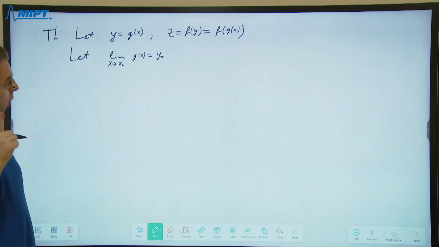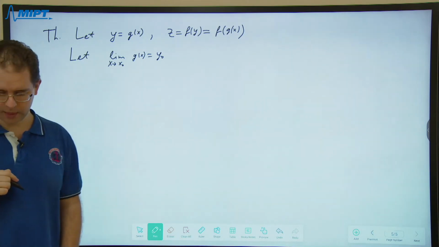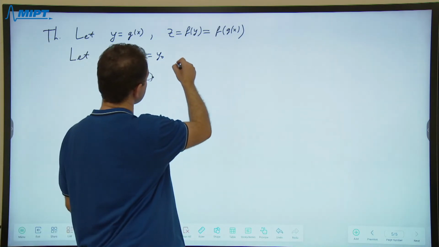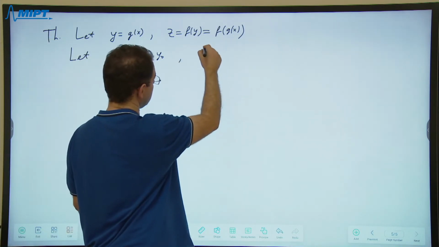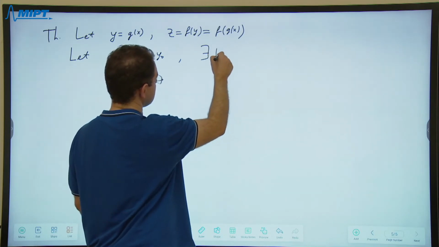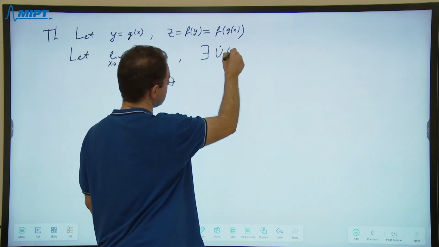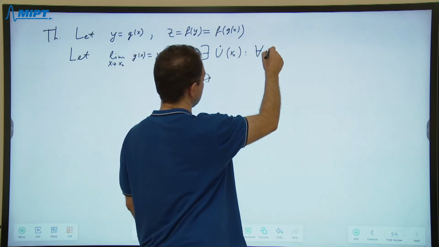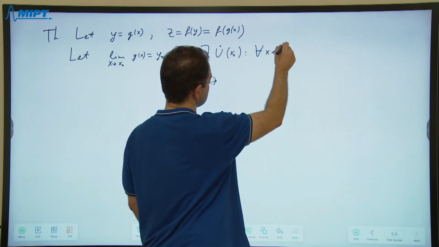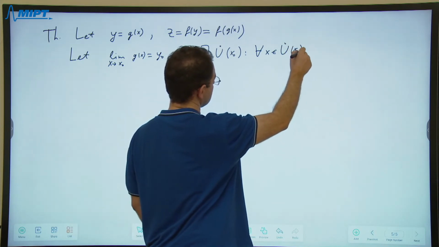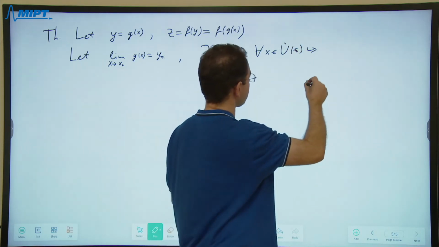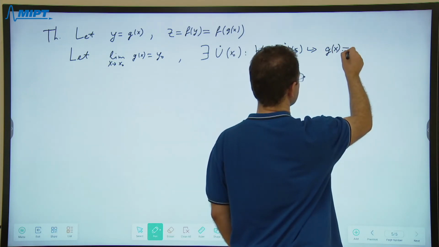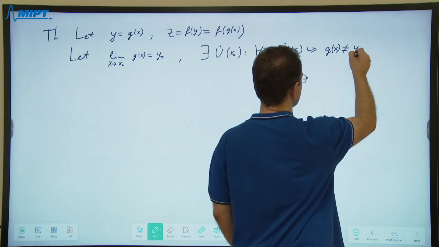And let also be true that there exists a deleted neighborhood of x0, such that for x from this deleted neighborhood, it follows that g of x does not equal y0.